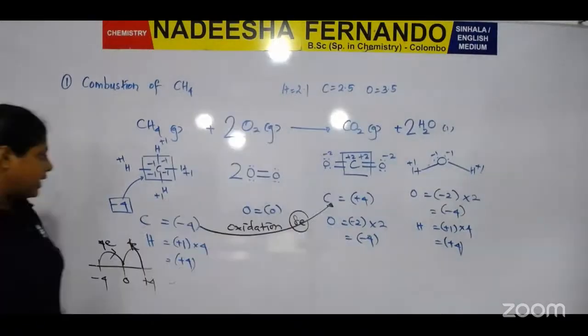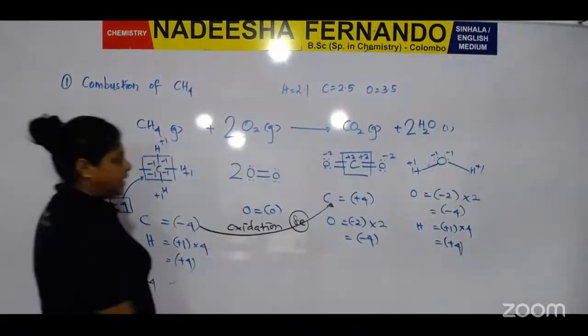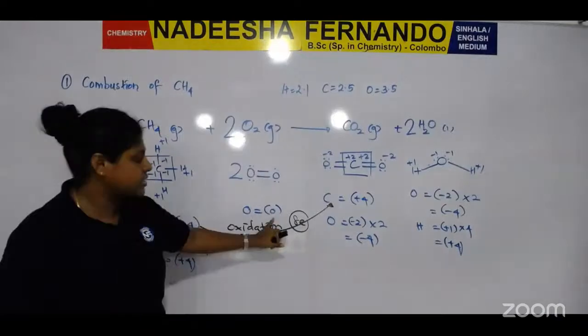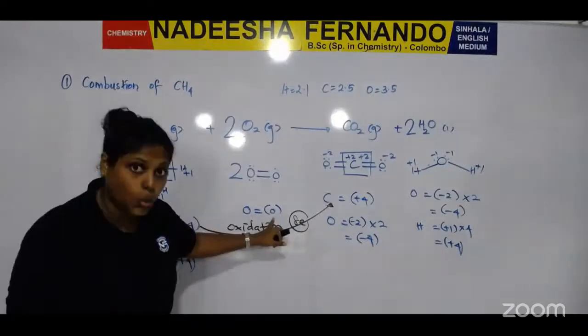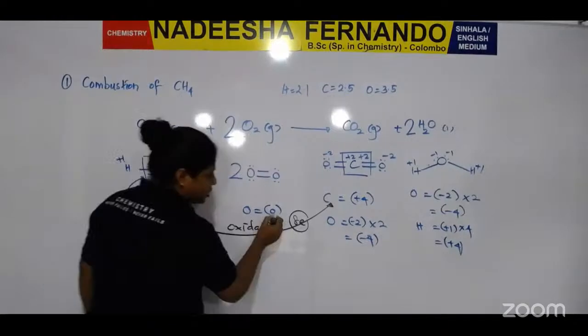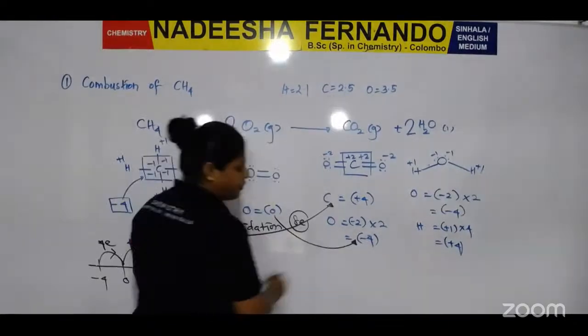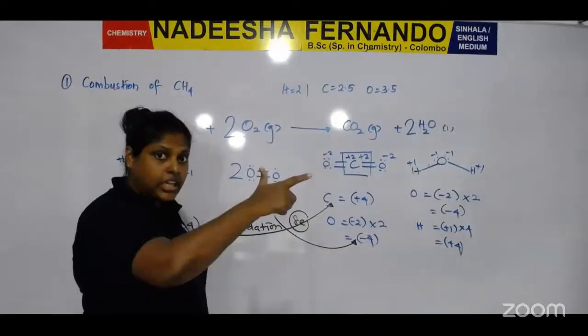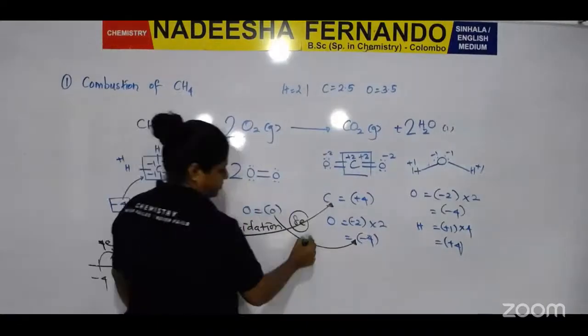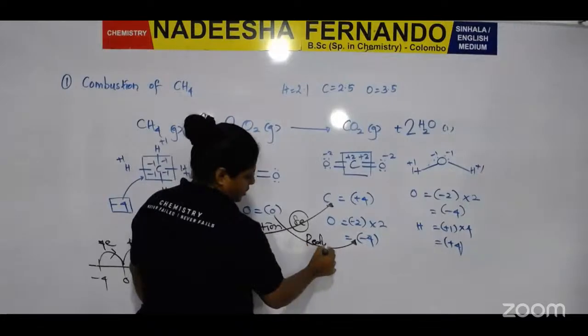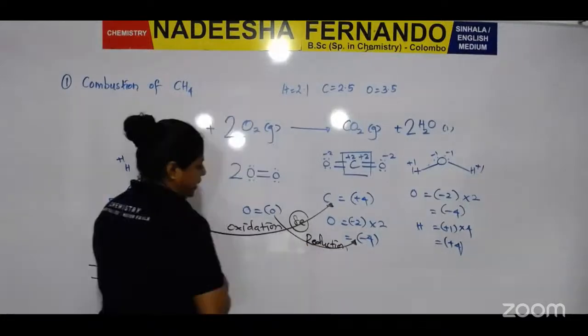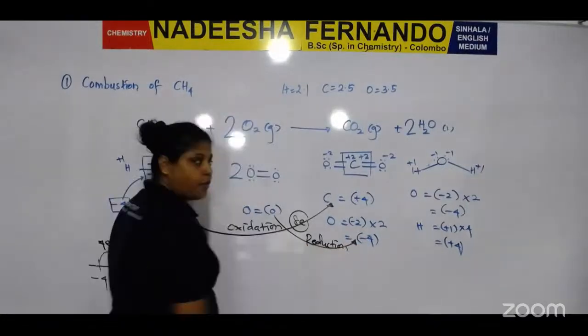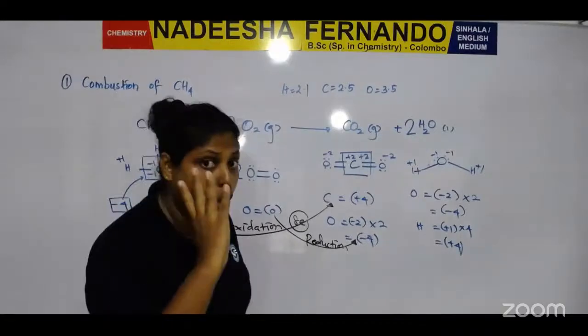Then look at the oxygen. Here, the initial oxidation state of oxygen is 0. The 0 oxidation state changed to -4. Increase in negativity is called reduction. Reduction. When 0 goes to -4, it takes 4 electrons.